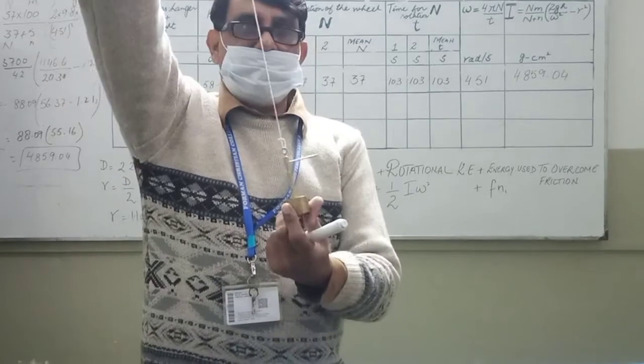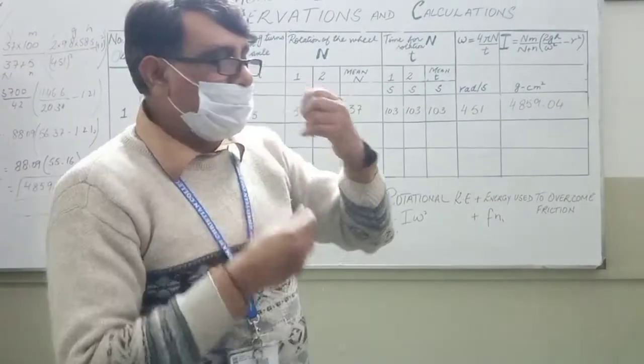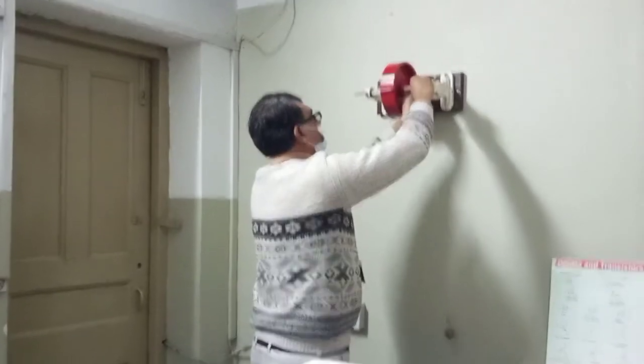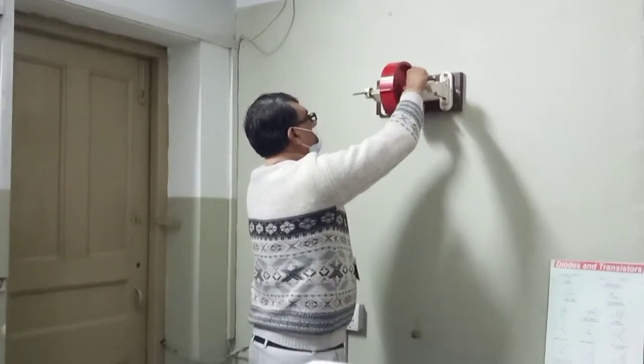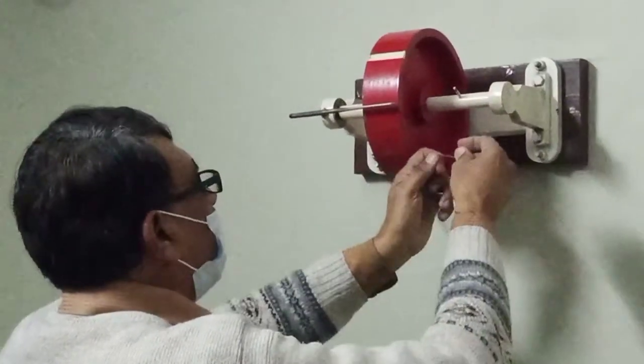It would become 150 now. Again I'll move towards the flywheel, along with the axle of this flywheel. Again I'm going to place the number of turns.